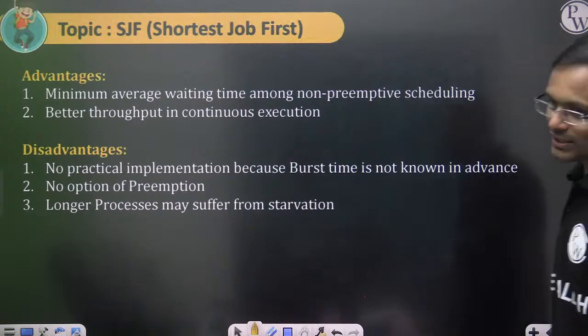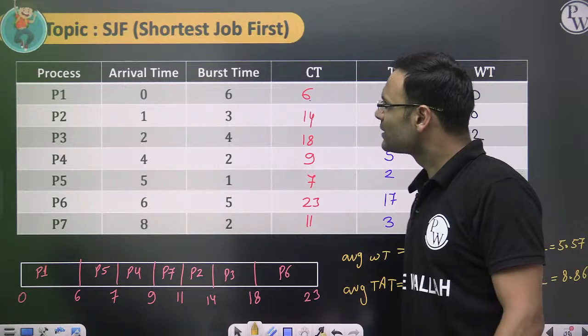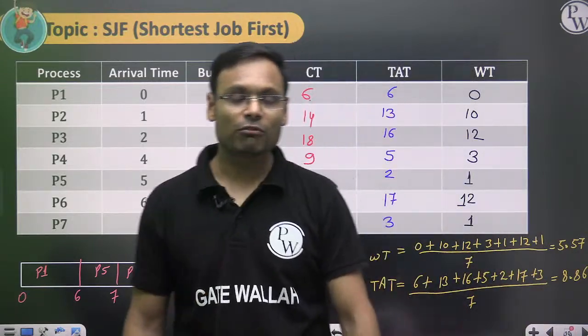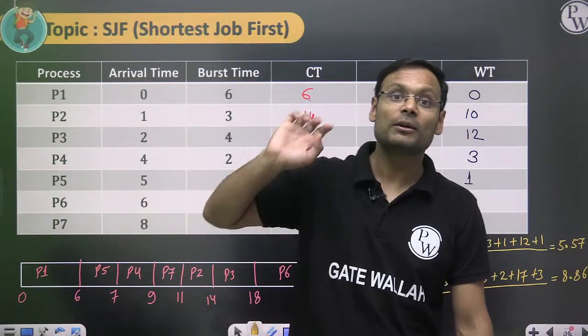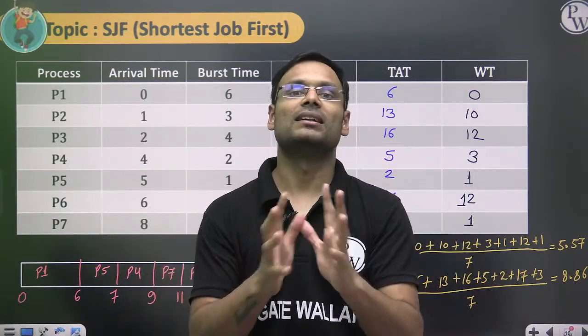Now you'll ask a question: sir, then why are you practicing these questions with us? Why have you given this question? Why has somebody given this algorithm? This algorithm came into the picture from a study.